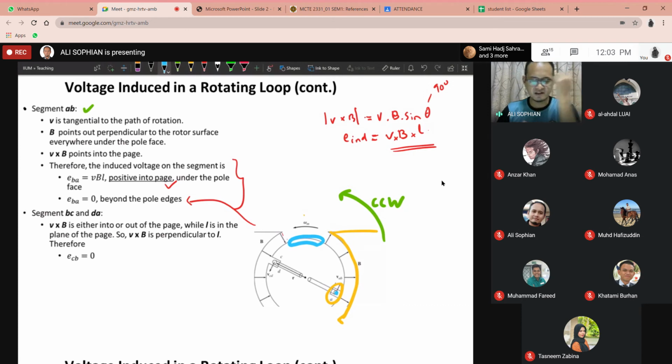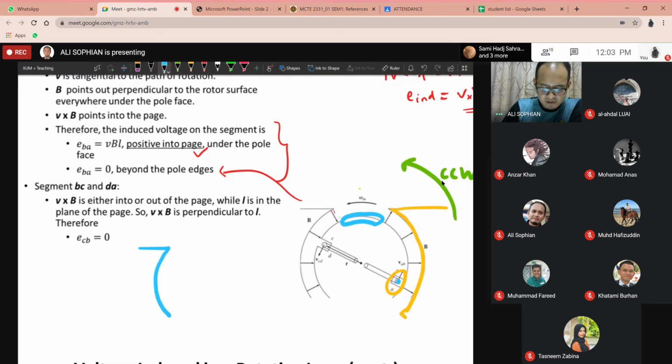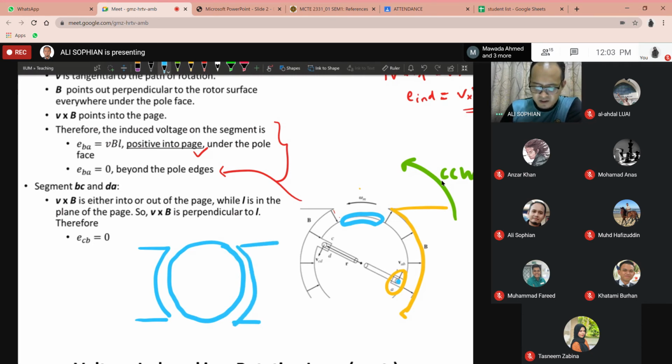Now segment BC, and segment BC is the segment behind the rotor. So in this position, if I draw it again, at the back, the segment will be like this.